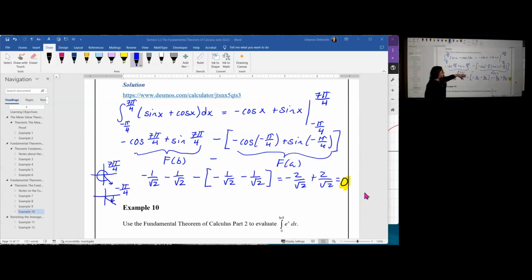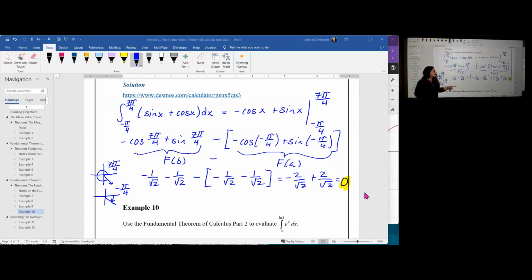This first part represents the antiderivative at b, 7π/4. The second part, notice, is all in parentheses because I'm subtracting all of the antiderivative at the lower limit of integration. The parentheses are necessary.